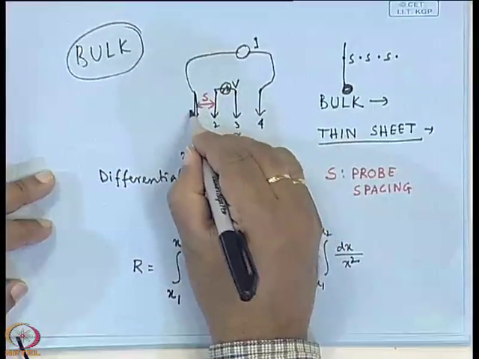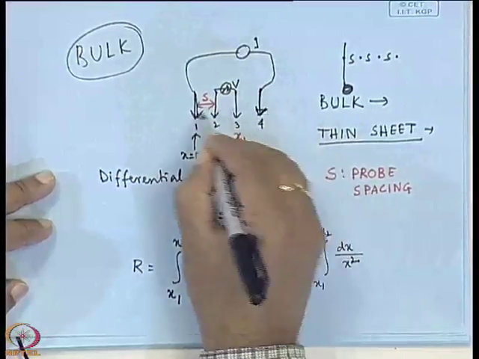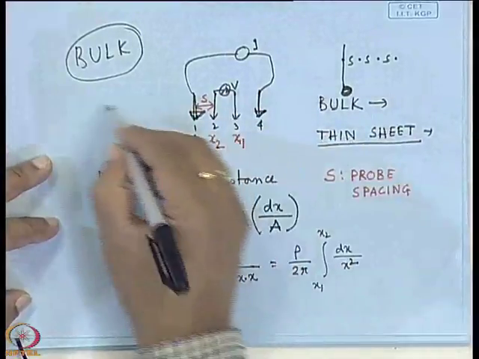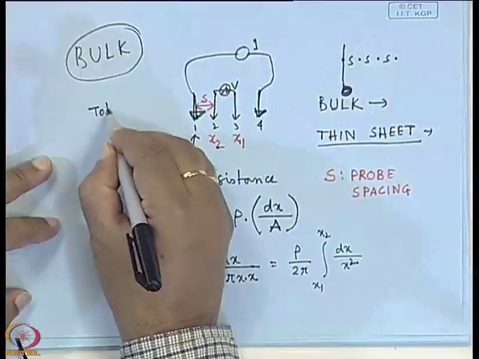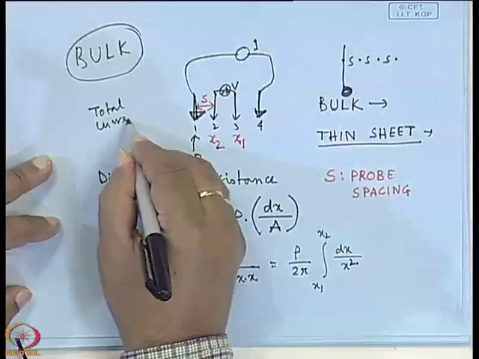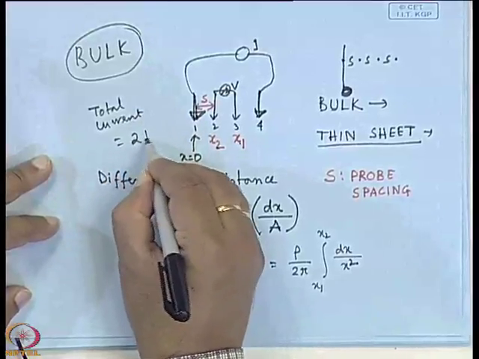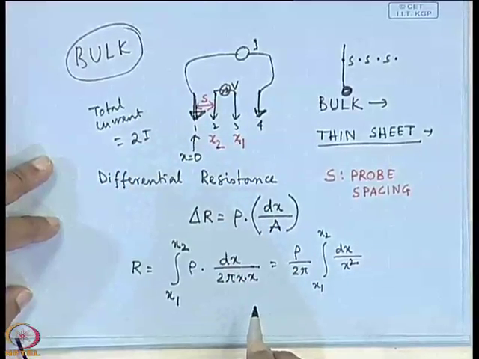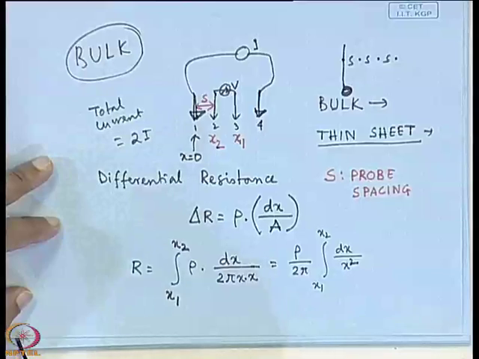Two times we are calculating. We are applying current here and measuring the voltage across here. Between these two probes, when we measure the current, it is the total current we are measuring, which equals 2I.